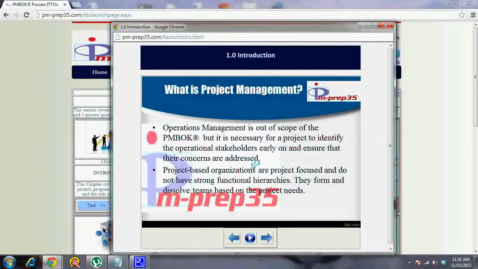So whom do you really keep in mind? The people who are going to use it. So that's where the operational users are really important for you. They are the important stakeholders for your project to be successful.